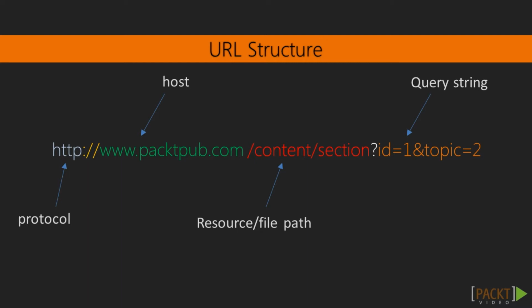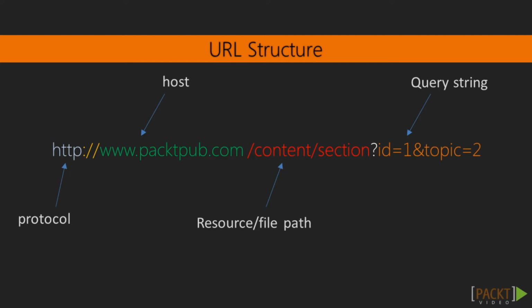The next part is the host we want to contact. In red, we can see the resource or the file location in that server. In this example, the directory is content and the resource is section. Then we have the question mark symbol that indicates what's to come is the query string.